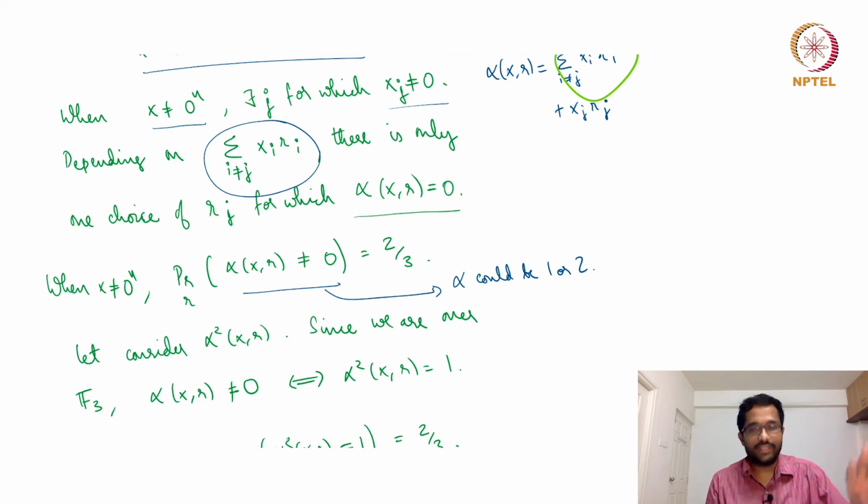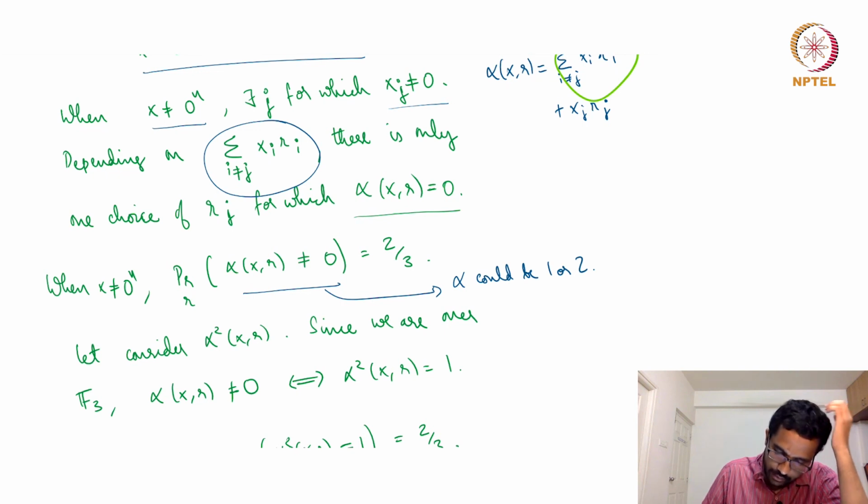So what we do is a very simple thing. We just take the square of alpha. Okay. So the point here is that 1 squared is 1. And 2 squared in the mod 3 world, 2 squared is 4, and 4 mod 3 is also 1. So regardless of whether it is 1 or 2, its square will always be 1.